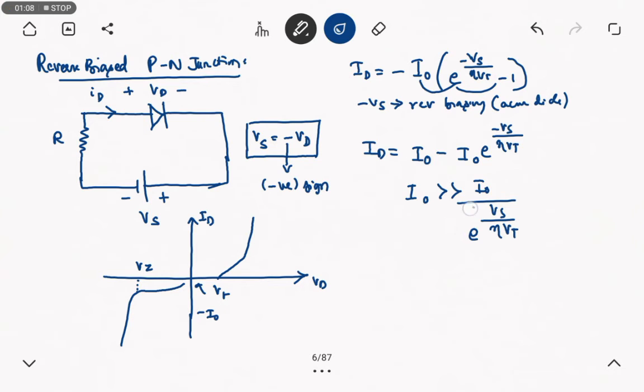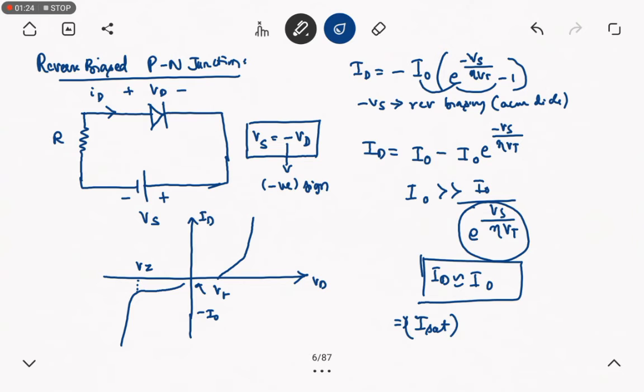So finally, ignoring the denominator, id can be approximated as I naught. This means the current through the diode in the reverse bias condition is equal to the saturation current, which is independent of the reverse biasing voltage. Since it is independent, we can ignore the denominator.